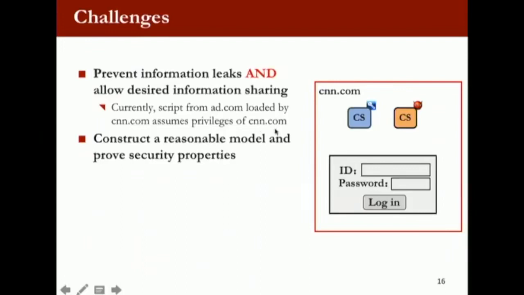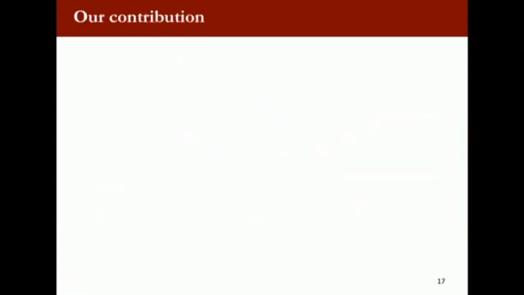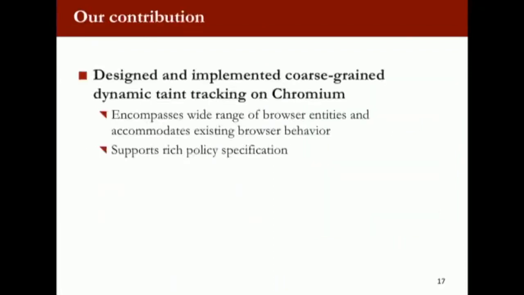In addition, I want to be able to construct a reasonable model, and prove security properties about the enforcement mechanism that we develop for this browser. Our first contribution is a practical one. We designed and implemented a coarse-grained dynamic taint tracking on Chromium. I'll show you how this works in a second.